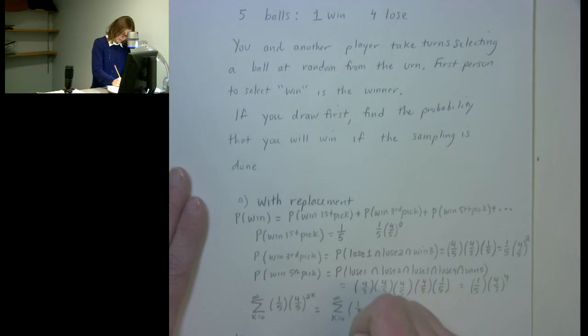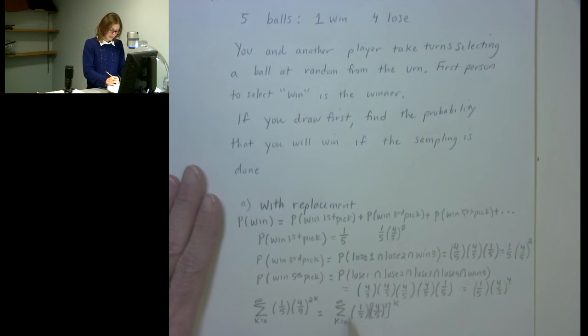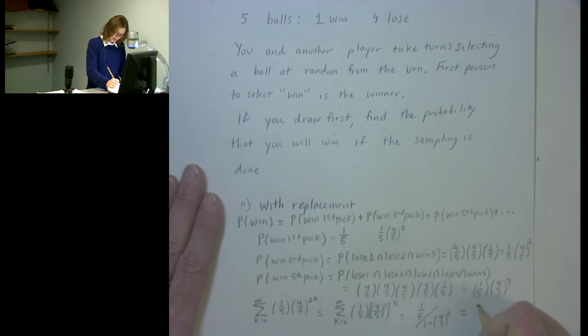You can think of this as being 1/5 times 4/5 squared to the k power, right? So when we think about what this is going to converge to, it is going to converge to 1/5 divided by 1 minus 4/5 squared, which should give us 5/9.